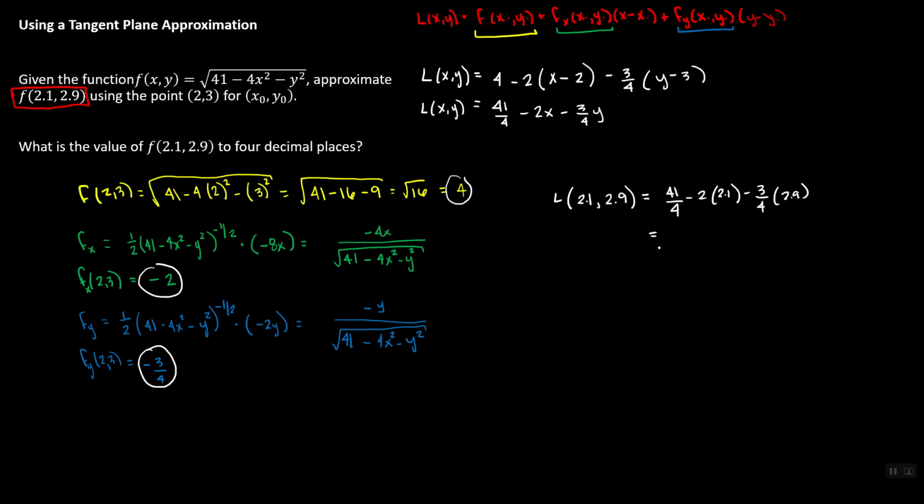And it should simplify out to be about 3.875. So that's the linear approximation for the surface f at the point 2.1, 2.9. So this is our approximate value.